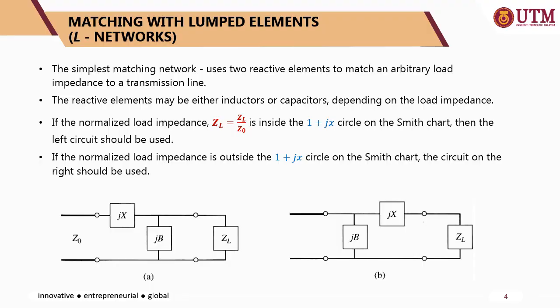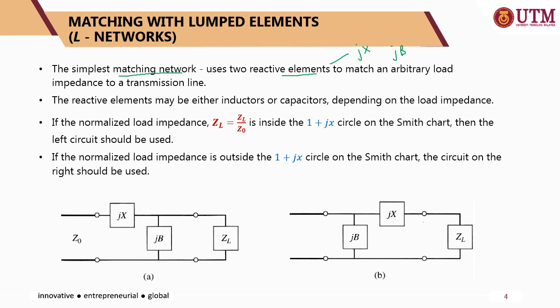Okay, brief information on the L-section network. It is one of the simplest matching networks that uses two reactive elements, which are the jX and jB, the reactance and also the susceptance, to match an arbitrary load impedance to a transmission line.